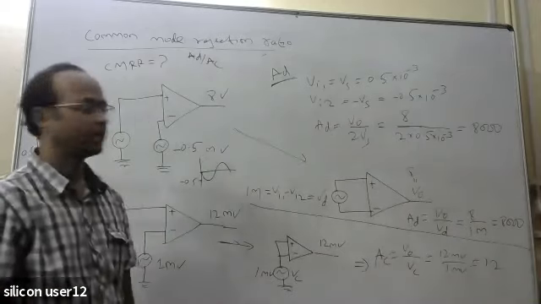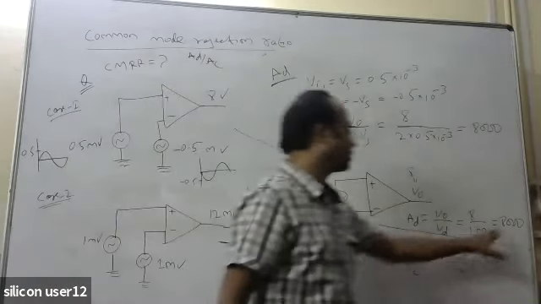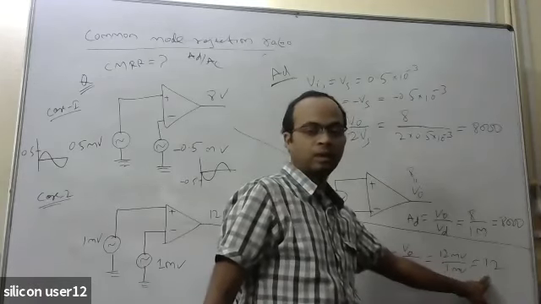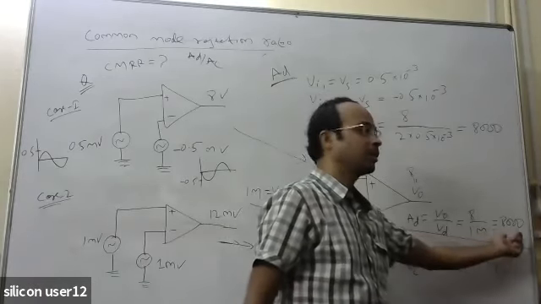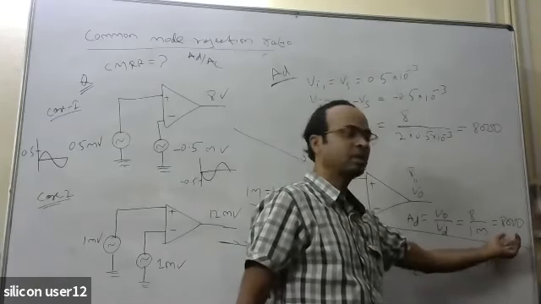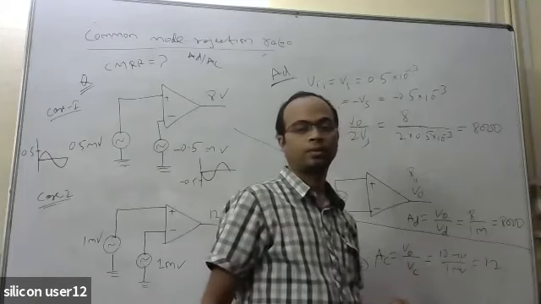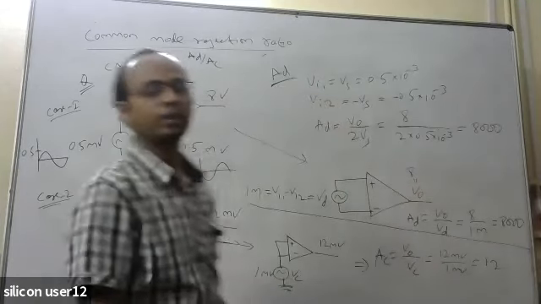You can see one thing: this AD value is 8000 and this AC value is 12. That means this AD differential gain is always a very high quantity, and this AC is a very low value. So now you can calculate your CMRR.